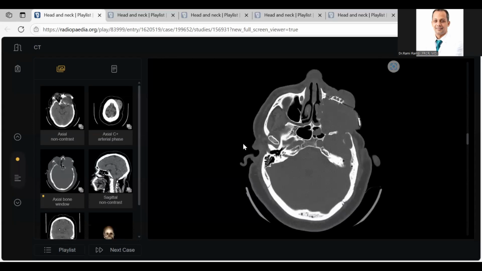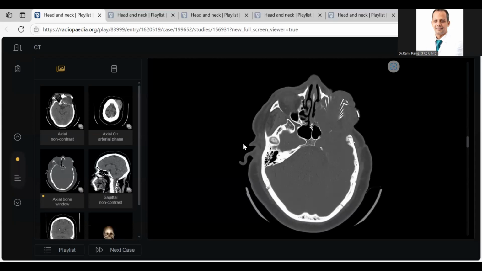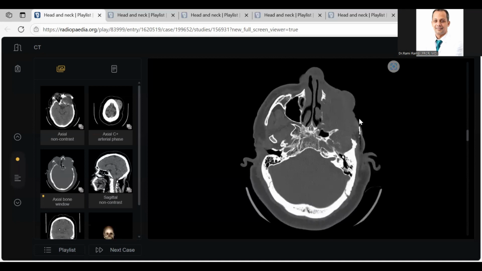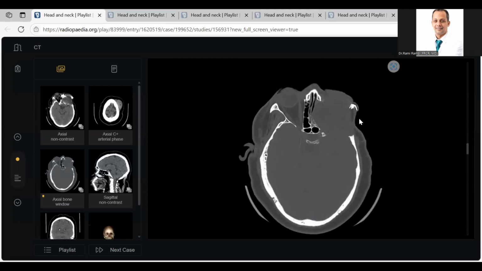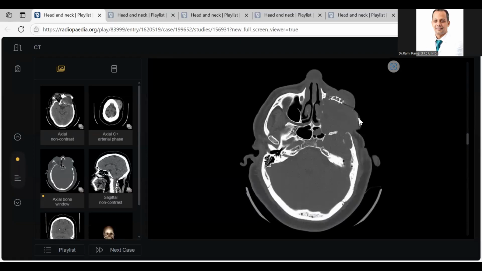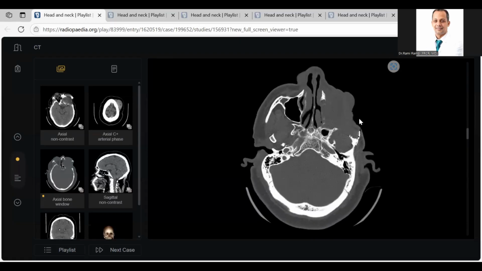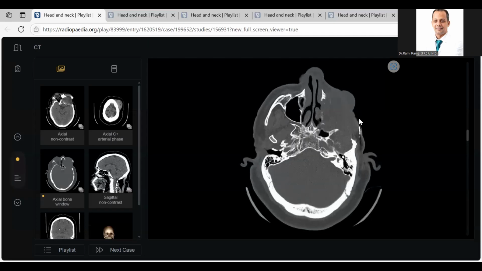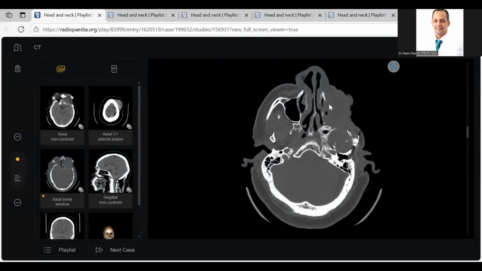Doctor, there is no left eyeball. That is the implant prosthesis, so this is status post surgery. They removed something here.